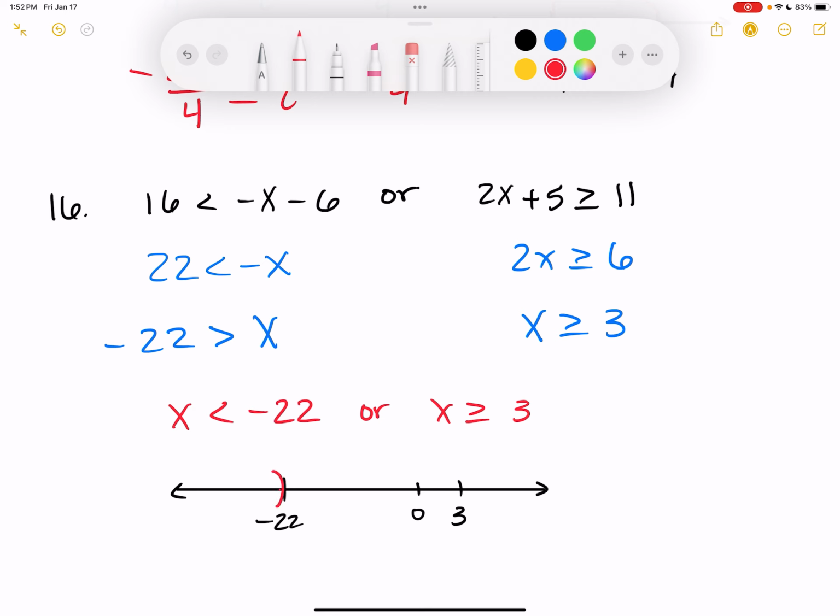Or is opposite. O and O. And then x is greater than or equal to 3, which means it's a bracket going to the right there. So we see the difference in this and the previous ones.